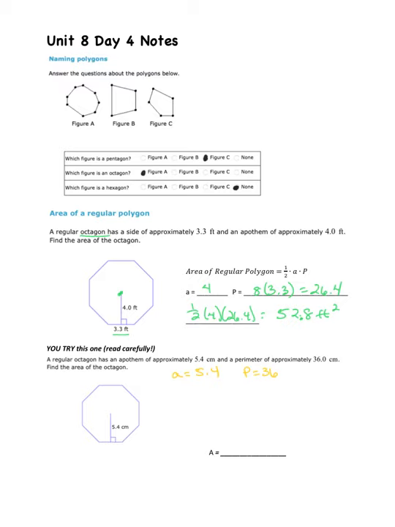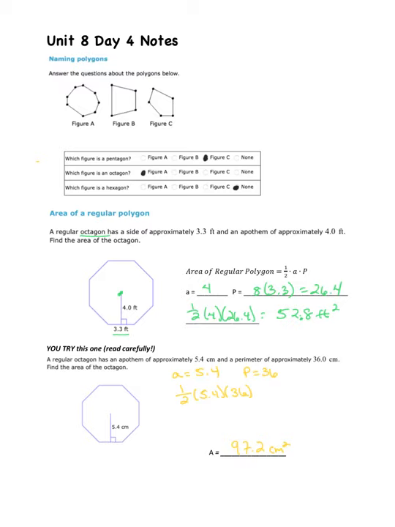I want to find the area. 1/2 A times P, this goes into the calculator, 0.5 times 5.4 times 36, and I get 97.2 centimeters squared. The math in this is not difficult. It's knowing which value goes where.